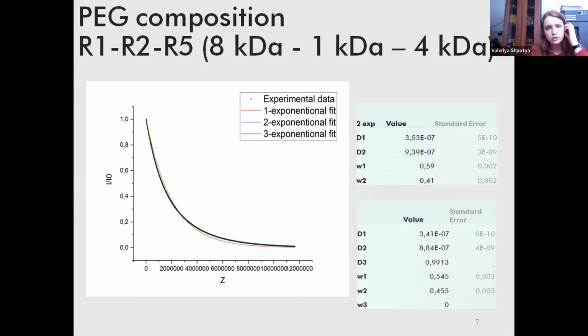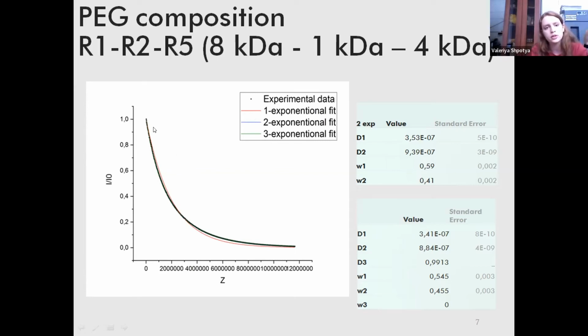So we decided to make an additional experiment with a mixture of 3 components and a high number of points. In this case, it is 1,024 points for this experiment, and you can see the black line is experimental data, and the red, blue, and green lines are for the exponential fits.